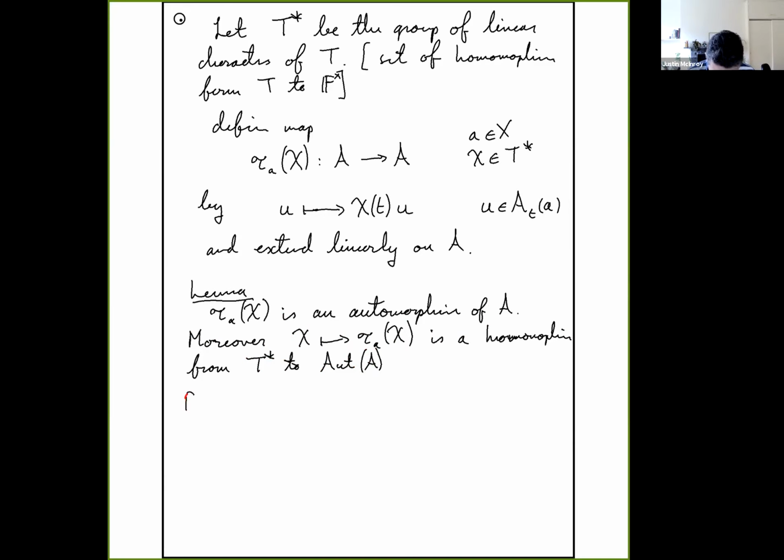So I guess I just want to sketch out some of this. So why is this an automorphism? Well, this is just acting as scalar multiplication on the eigenspaces.